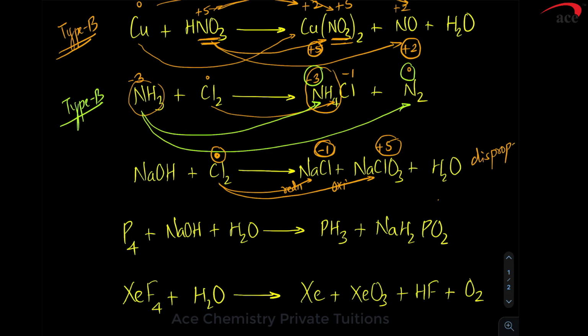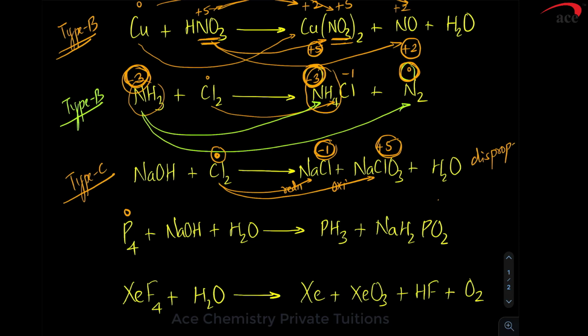Disproportionation reaction, and for us we will call it type C. In type C, the oxidation states are different and not the same as at the start. In type B, one of the oxidation states is the same and the other is undergoing a change.